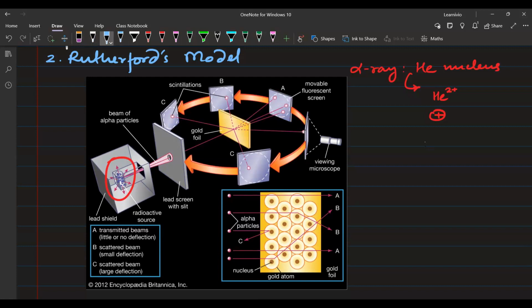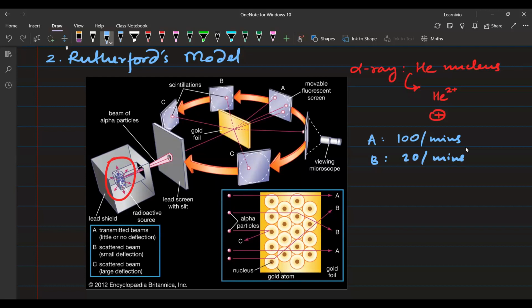So this is the screen at point A. It was lighting up, let us suppose, 100 times per minute. Just giving you an example. Then they went from A to B point. When they kept the screen at point B, the screen was lighting up, let us suppose, 20 times per minute.